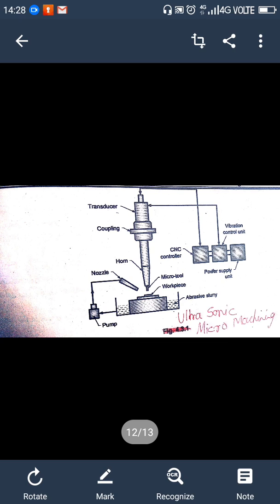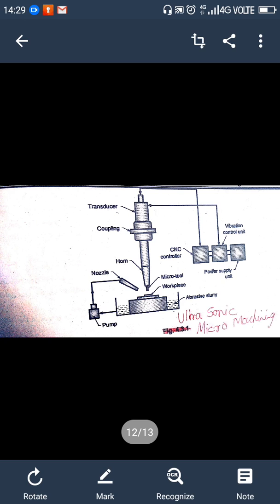The transducer actually converts electrical energy to vibration energy, and the coupling is used to join the horn along with the transducer. The main components of ultrasonic micromachining are a power supply, acoustic head, CNC controller, micro tool, the abrasive slurry and the workpiece.